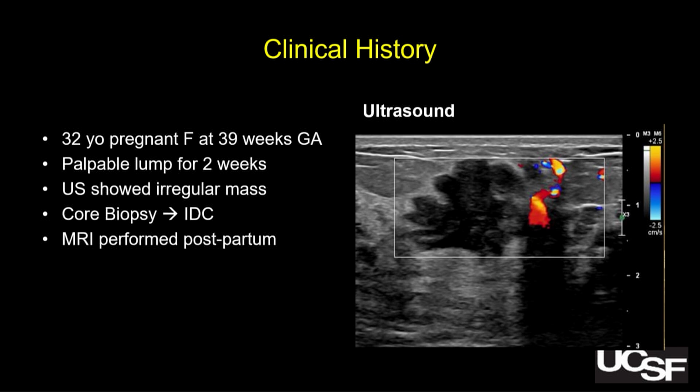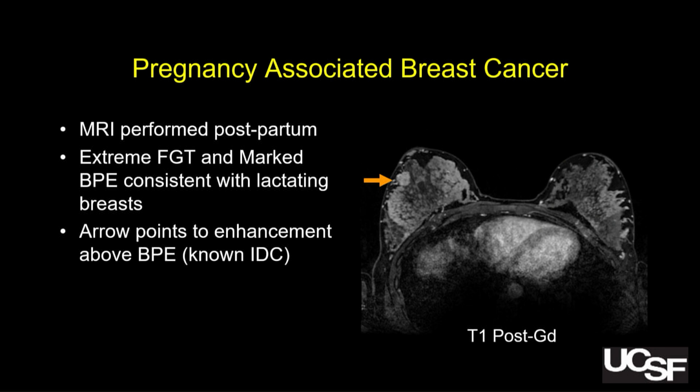MRI was performed. The MRI was performed postpartum, but I would do it if I know that they're going to deliver her soon. I used to do this in GU days when I was looking for placental implantation abnormalities, although you talk to the GU experts what people do these days. Extreme fibroglandular tissue, so her mammogram whiteout, and marked BPE. That is how it looks when they're lactating.